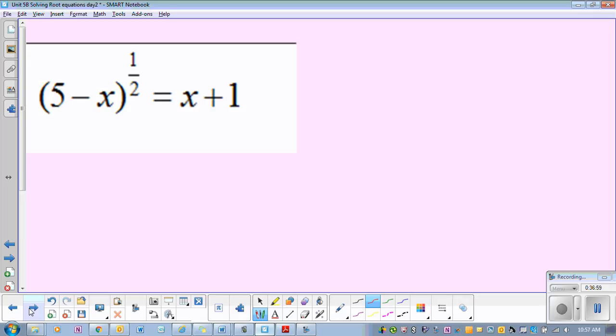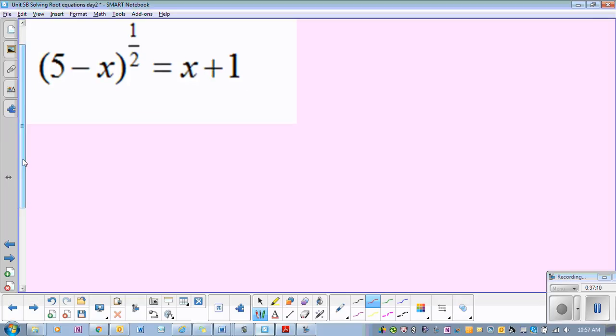Okay, so let's look at this one. All right? So this one, a little bit different. I mean, it's still the same thing. I have a rational exponent here. Have to get that all by itself. It already is, right? So I'm going to change this to a radical form.